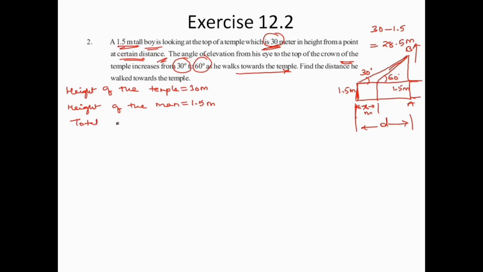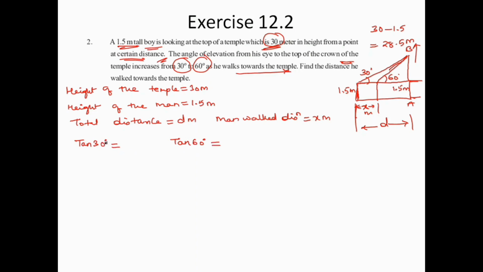So now let me say that the total distance is d, and x is the distance the man walked. So for the first angle, I'm taking it as tan 30 degrees, and the other angle I'm taking it as tan 60 degrees.